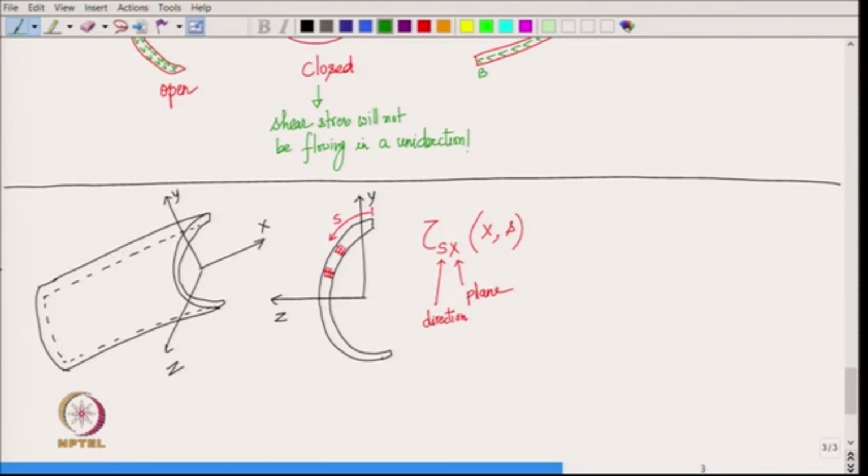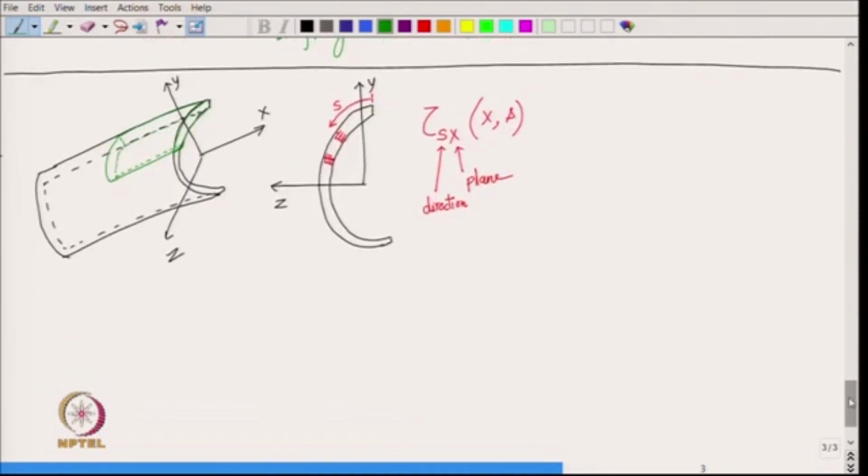So, we have this green element, okay. So, let us take out this green part from the beam and draw a free body diagram.